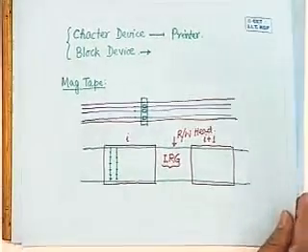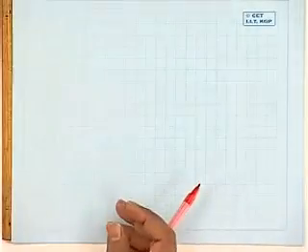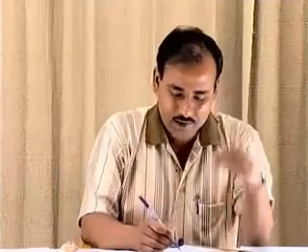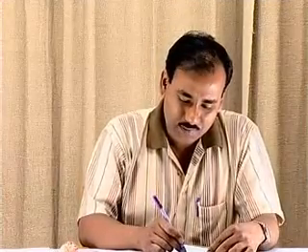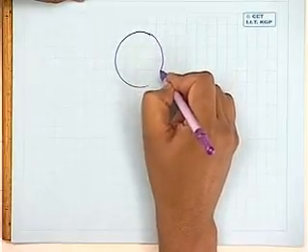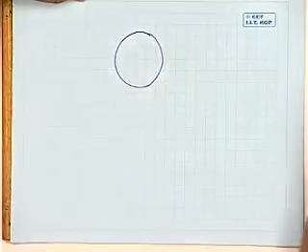Now, unlike magnetic tape, in case of magnetic disk, let me first discuss the floppy disk, because magnetic disk is nothing but an extension of the floppy disk. You know that a floppy disk is nothing but a circular plate.